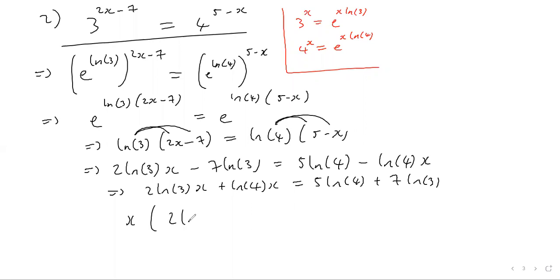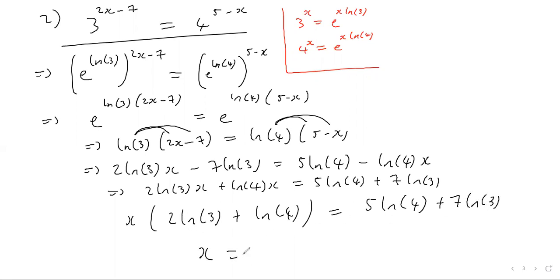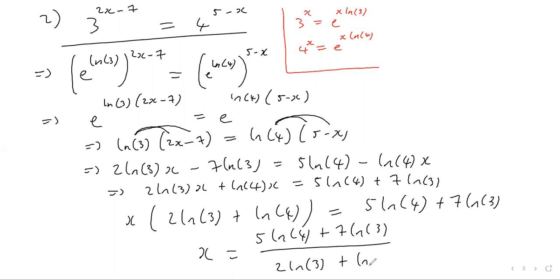We get x times (2 ln 3 plus ln 4) is equal to 5 ln 4 plus 7 ln 3. And then we can divide both sides by this result there. We get x equals (5 ln 4 plus 7 ln 3) all divided by (2 ln 3 plus ln 4). And that would be your answer there.